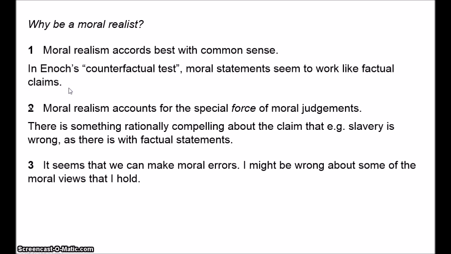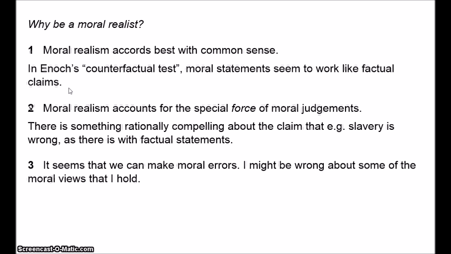Third, it standardly seems like we can make moral errors. It seems like I can be wrong about some of the views that I hold. Imagine somebody who really hates homosexuals because he thinks that his religion prohibits homosexuality. Now imagine that he changes his mind. Maybe he comes to reject his religion, or maybe he comes to think that actually his religion is more about tolerating different lifestyles and not hating people.